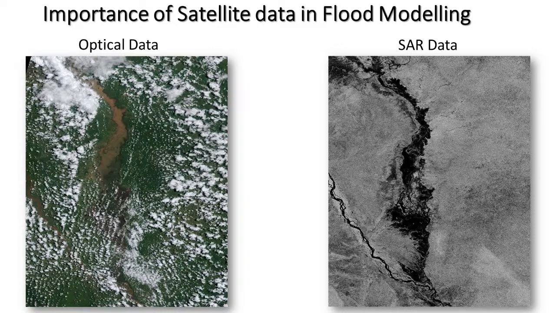And then you have the SAR data, or the radar data. We call them active sensors because they don't rely on the presence of the sun to capture images. They propagate their own energy. And that's why they're very critical in flood monitoring, to see the extent of the flood on the ground, because with optical data you have the issue of clouds and you can't see below the clouds.